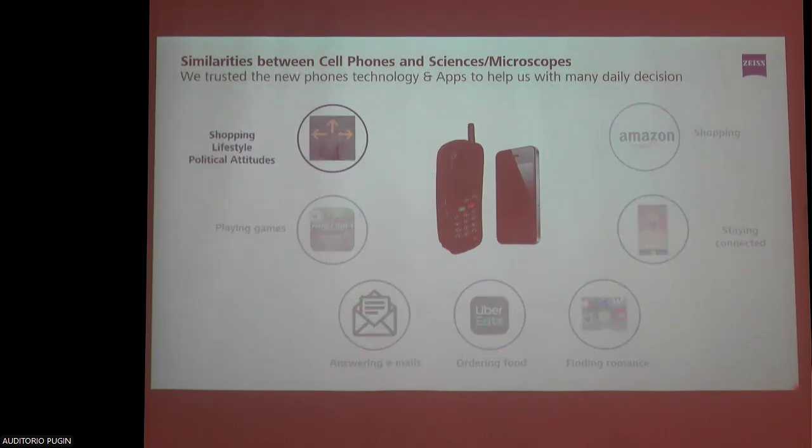But what the system is also doing nowadays, and what we are often not really aware of, is that the smartphones and the applications lead us to make certain decisions. Either unconsciously or consciously, they help us with decisions.